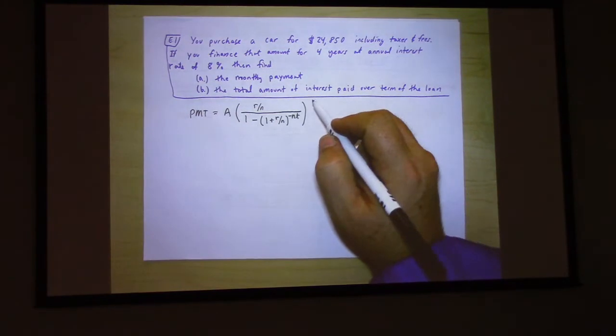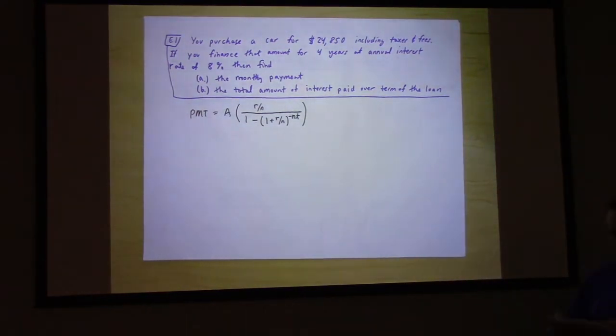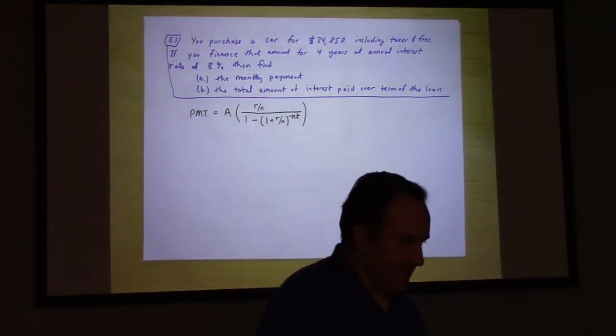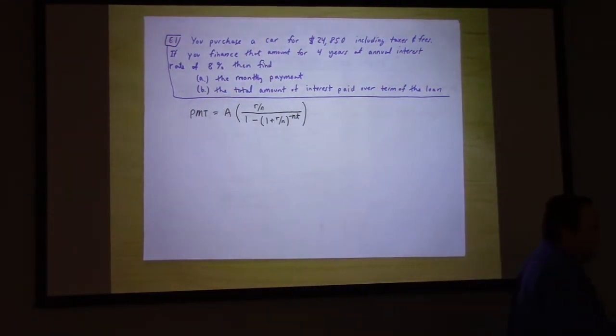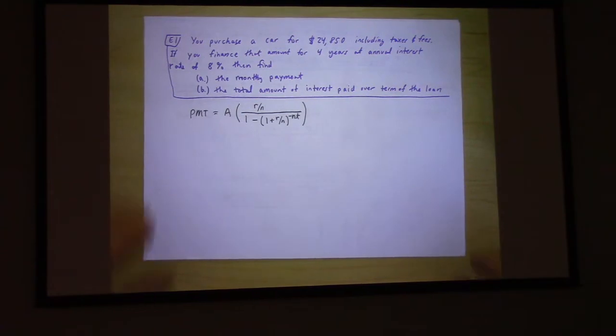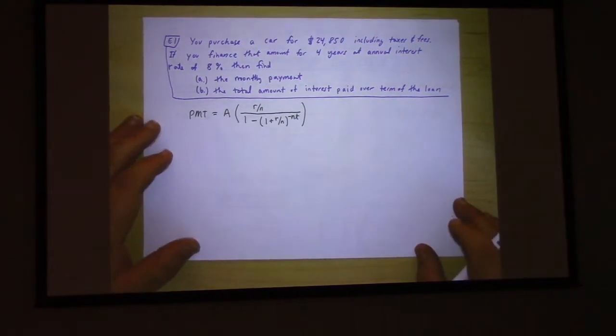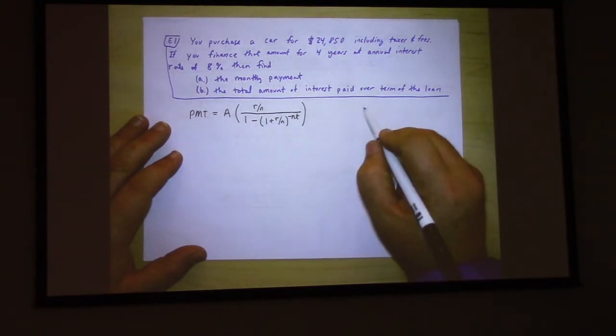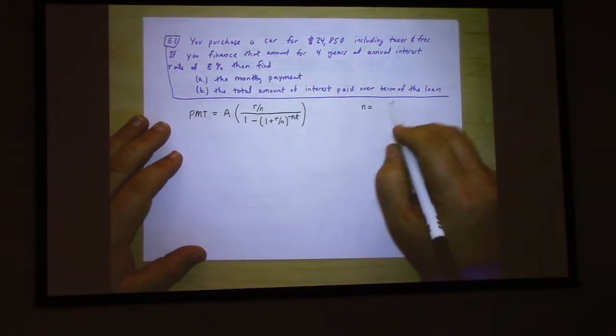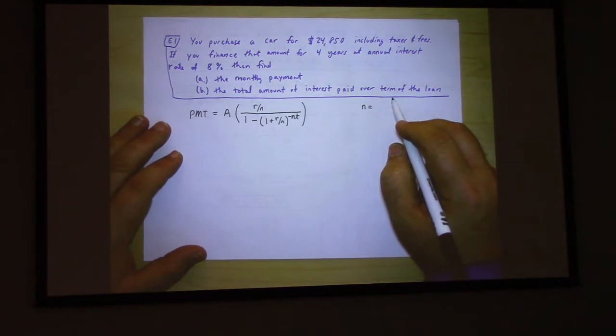Okay, so then the question is, for this one, what is N? Is it the number of payments per year?